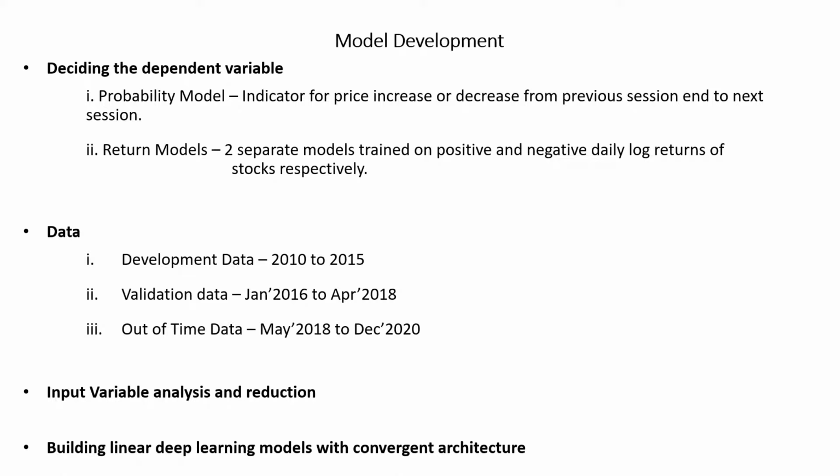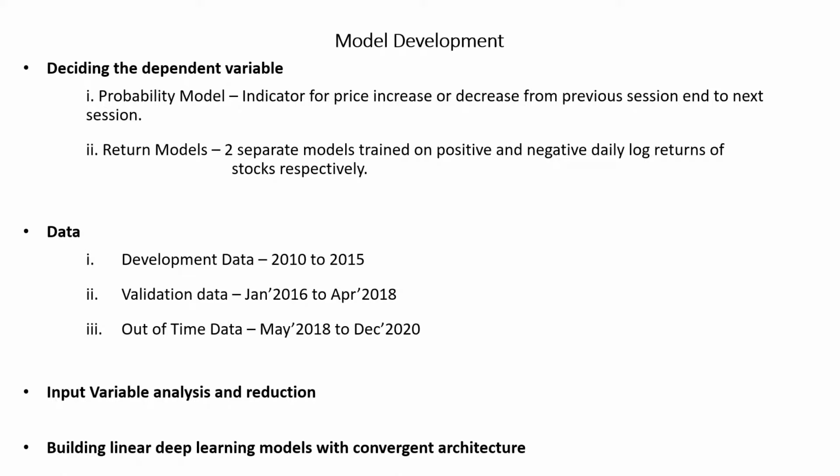Finally, the out of time data that we used to further validate our returns is from May 2018 to December 2020. As is pretty common, we have done analysis and reduction for many of the input variables.